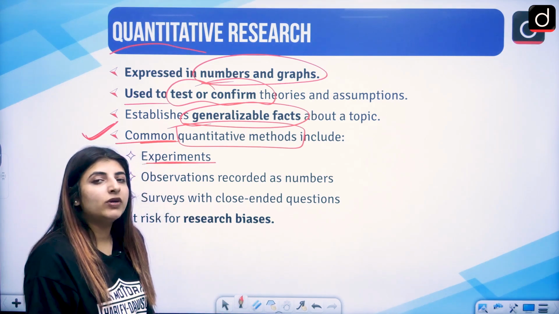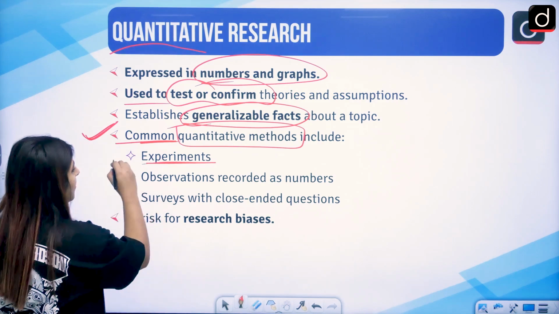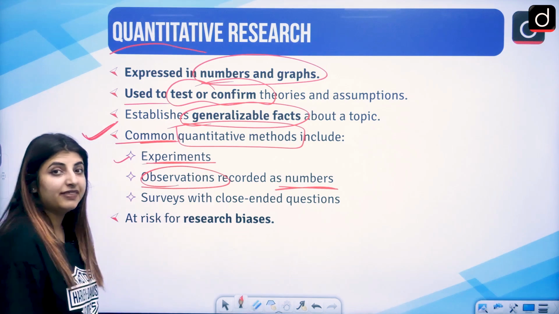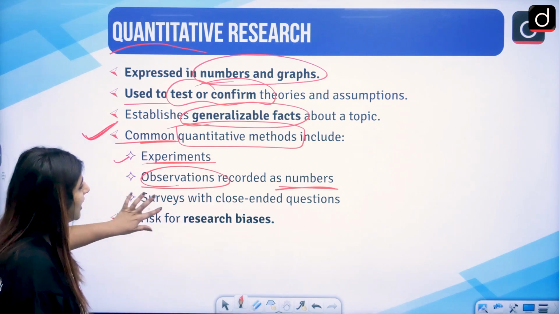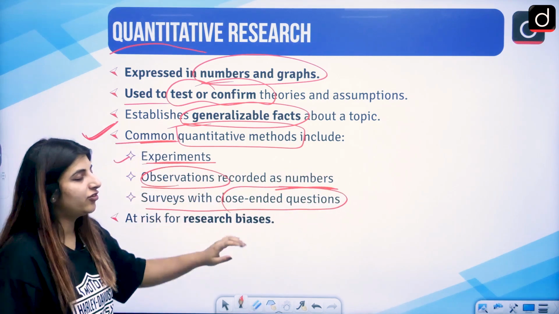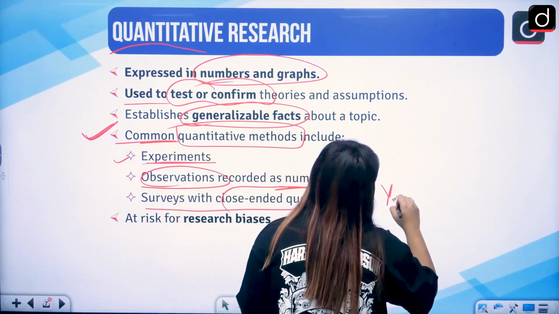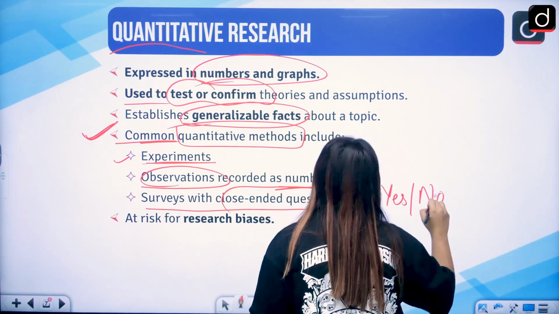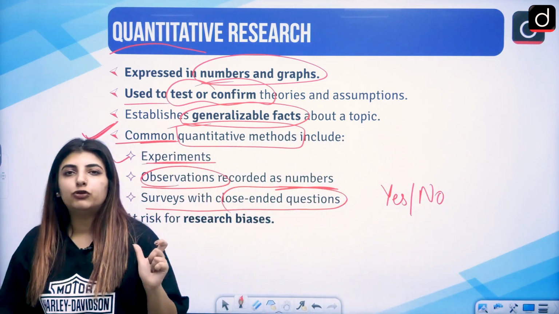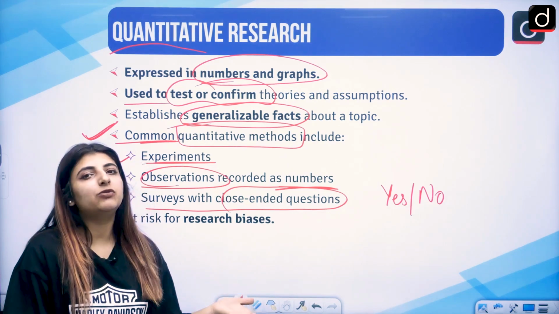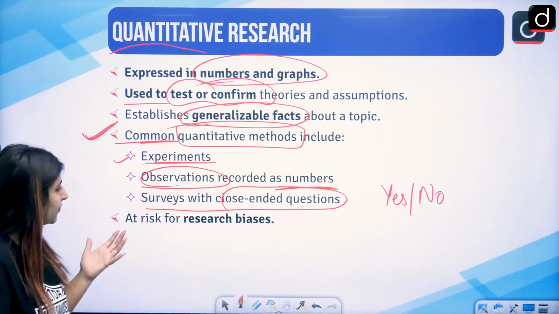That is what is known as an experiment. So, of course, it is measurable. Observations recorded as numbers. That can also be measured. Surveys with close-ended questions. Now, what is a close-ended question? I gave you the example already that you are provided with the options already and you are supposed to choose amongst those options and not create your own. That is what we mean by close-endedness, right?